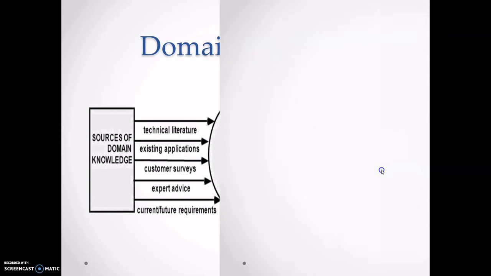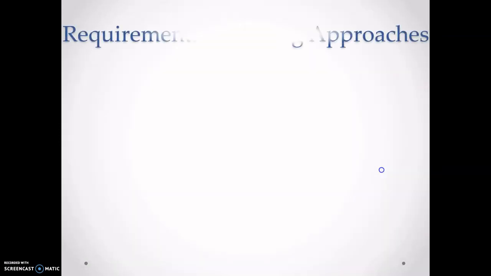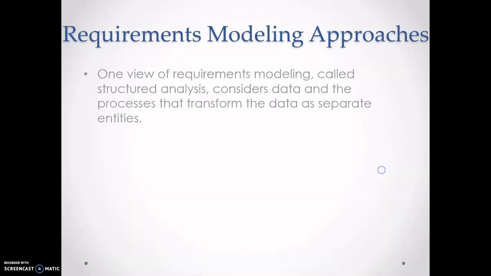And our next topic is requirements modeling approaches. One view of requirements modeling, called structured analysis, considers data and the processes that transform the data as separate entities. So data objects are modeled in a way that defines their attributes and relationships.